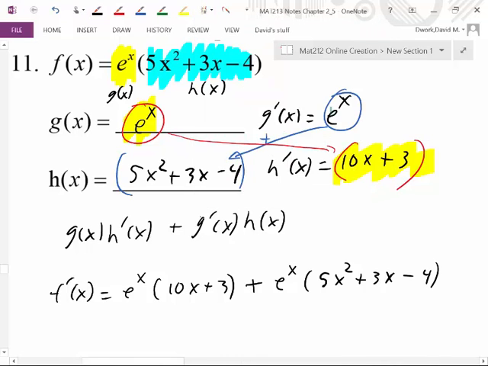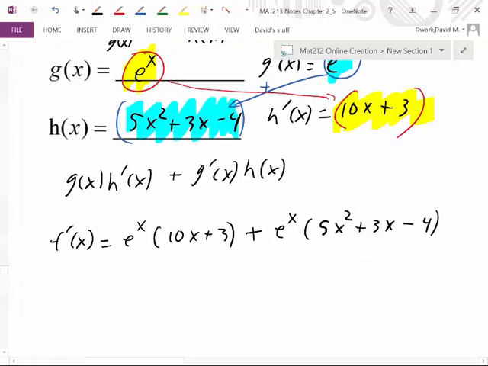So you can see that came from right here, e to the x, 5x squared plus 3x minus 4. And I'll write it down just below so you can see it. This was g of x times h prime of x plus g prime of x times h of x.